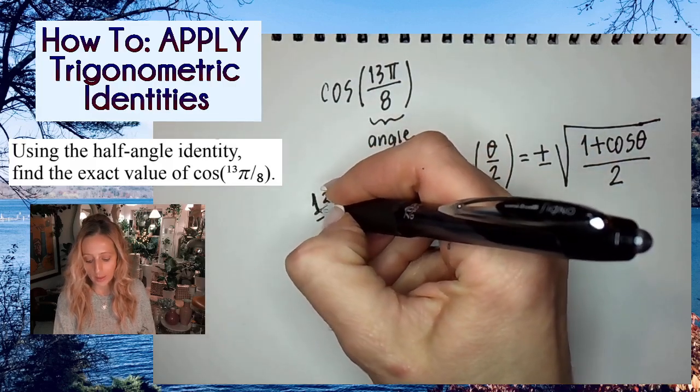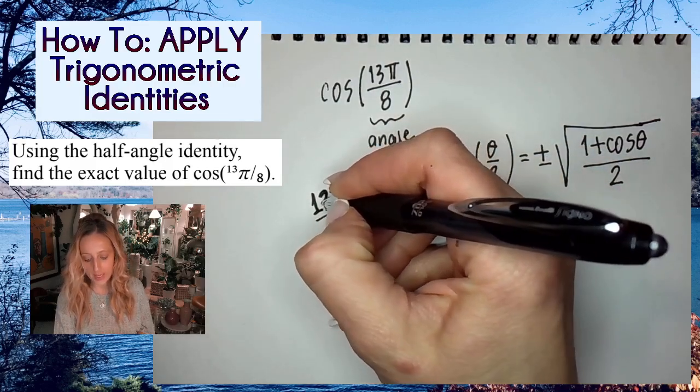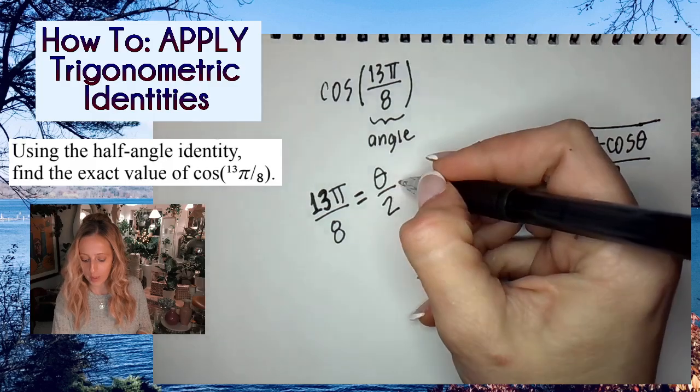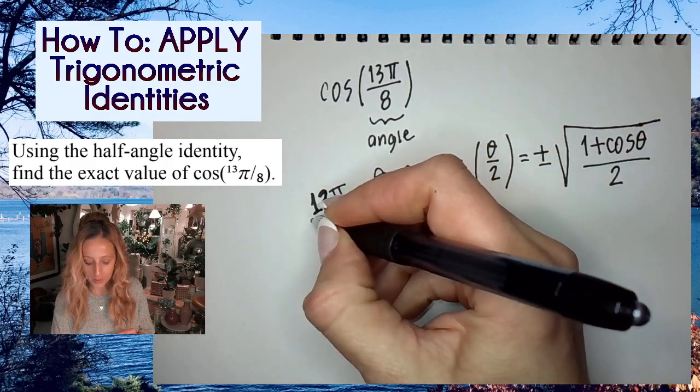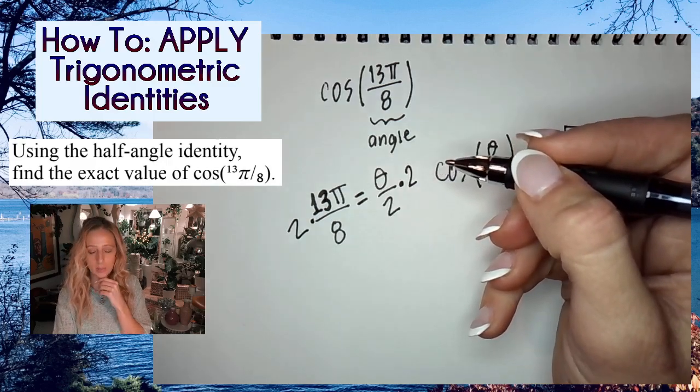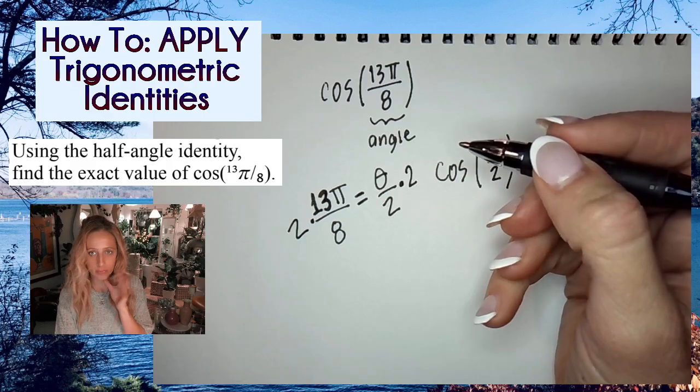So I want to know, what angle is it half of? What is theta? What is the mystery angle? How do I find it? I use this thing called algebra that you've been using, hopefully, for many years. I'm going to multiply both sides by 2. I'm not going to sit there and say 26 pi over 8 because I'm not in 6th grade.